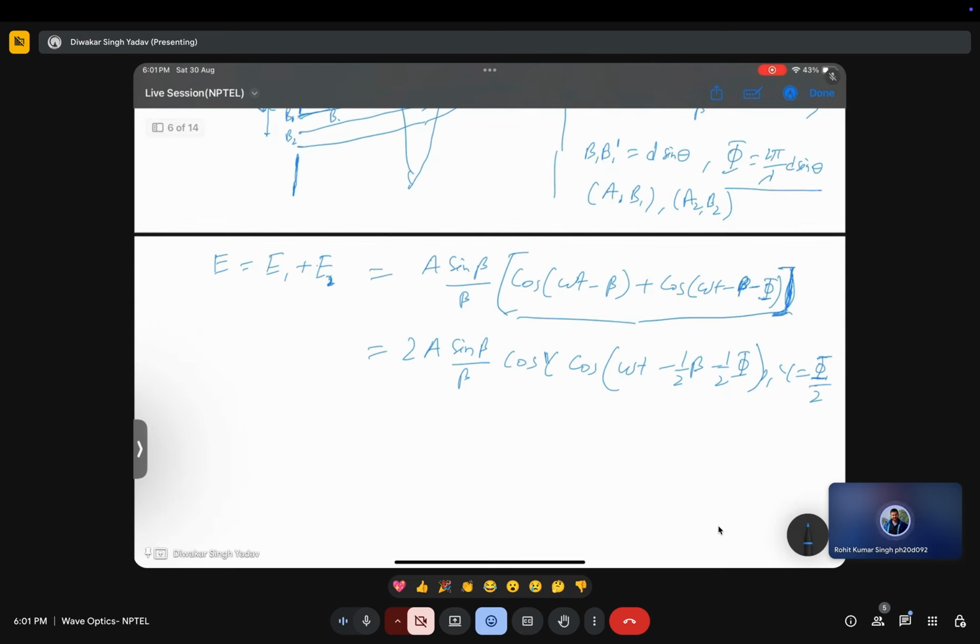So now you see the resultant electric field has this amplitude, which is a multiplication of two different angles. One is beta, one is gamma.